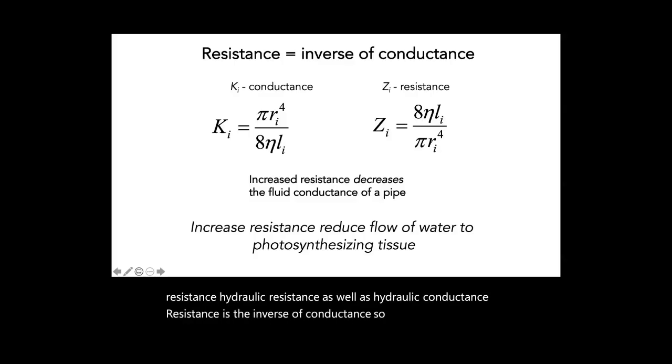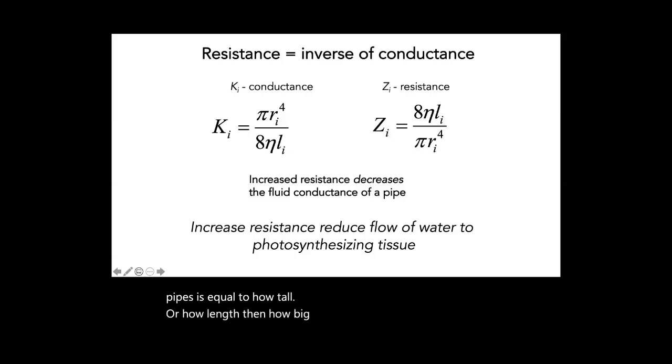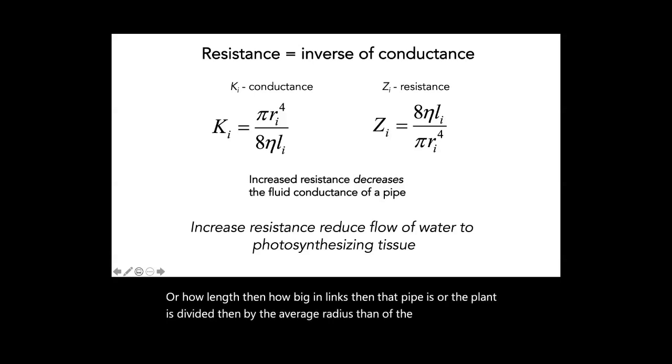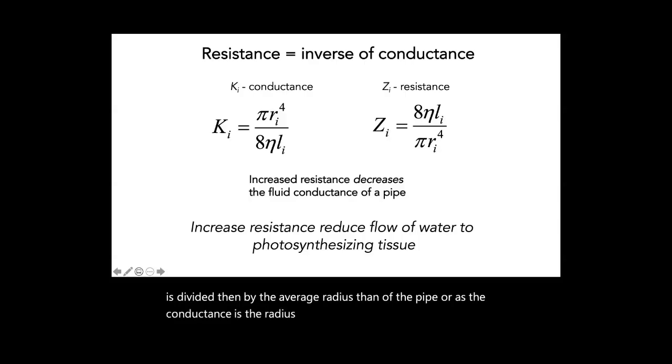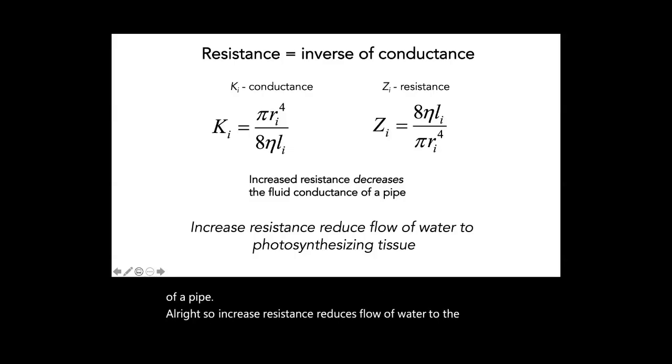So conductance we often talk about in terms of K, but resistance is the inverse, we call that Z. Okay, so the total resistance of fluid moving through pipes is equal to the length of the pipe or the plant, divided by the average radius of the pipe, whereas the conductance is the radius divided by the length. They're just the inverse of each other. So increased resistance decreases the fluid conductance of a pipe. All right, so increased resistance reduces flow of water to the photosynthesizing tissue.